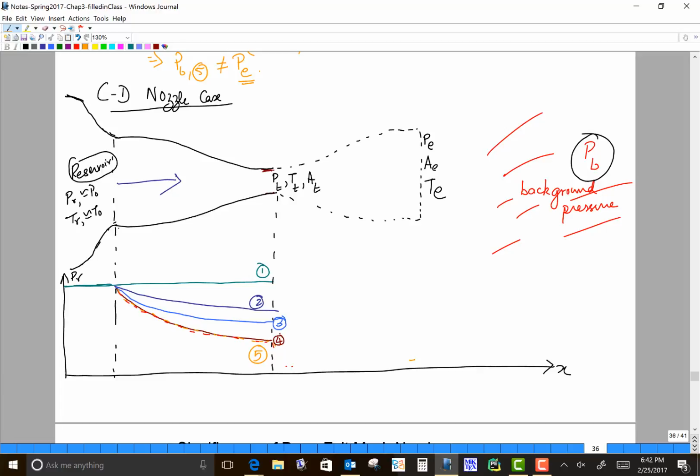The other thing is the diverging section can either expand the flow or compress the flow depending on the Mach number that is coming through it, which means it can modify the back pressure.